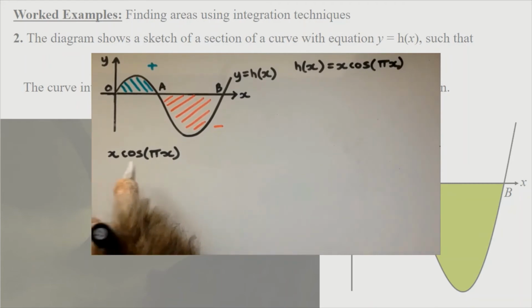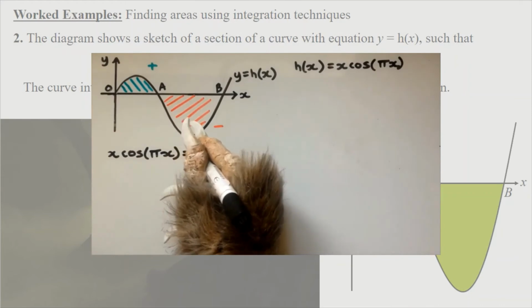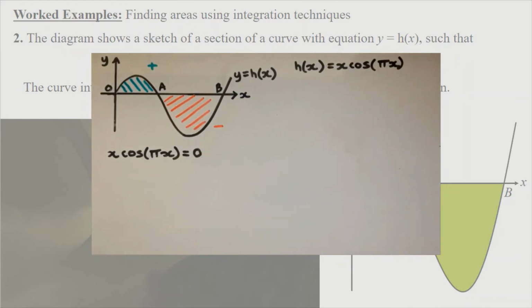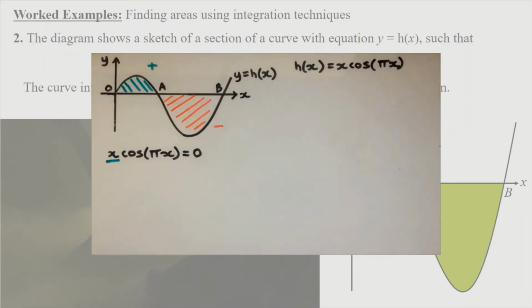We need to find the roots, so we need to set this equal to 0 and solve the equation like that. Now we have the product of 2 values essentially. We have the product of x first of all, and cos of pi x secondly. Now when we have a product of 2 numbers, the solutions have 2 possibilities. We have either x is 0 or cos of pi x equals 0. So let's write that down.